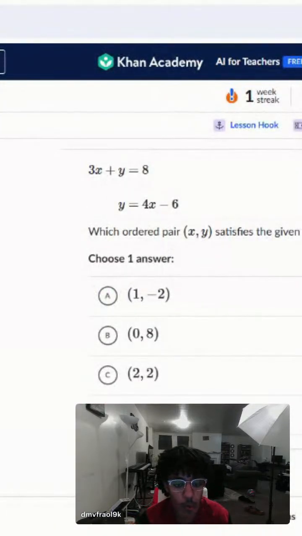And then the first question. 4, 3, 3x plus y equals 8. And then we have y equals, so I think we do 3 plus 4, which is 8. 3 plus 1 is 7.